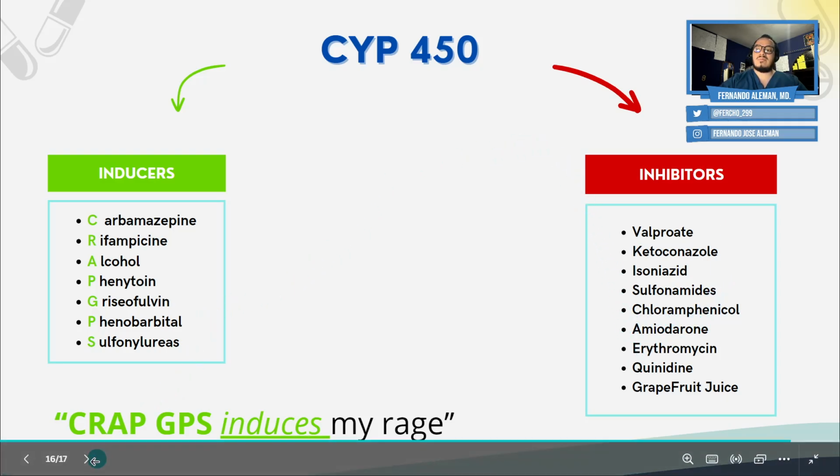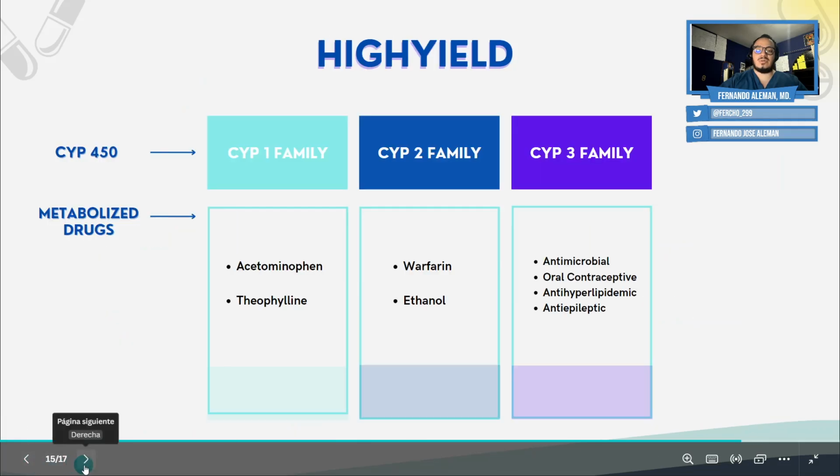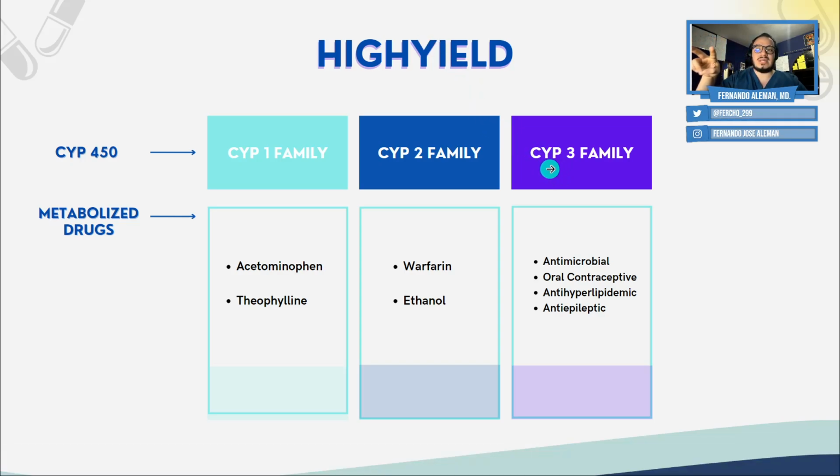So you know why it's very important to know these last two tables that I added on the lectures that say high yield, the most important part of this topic.